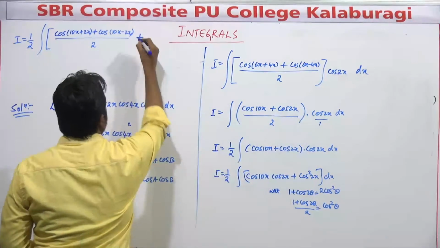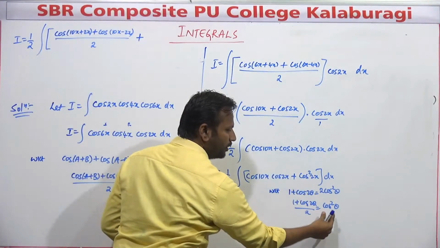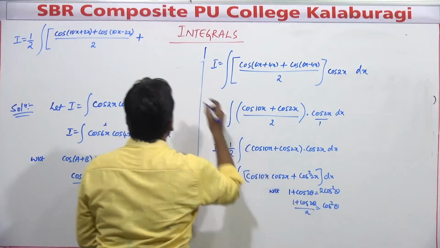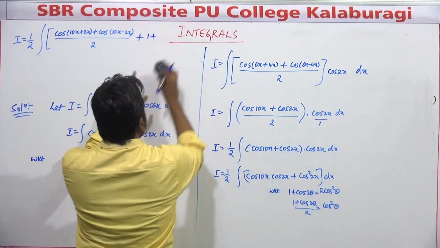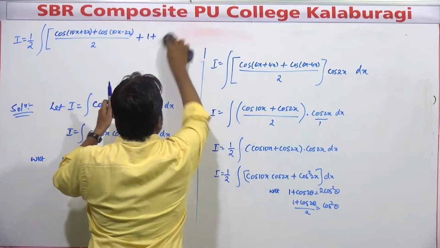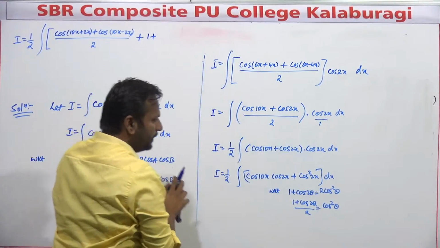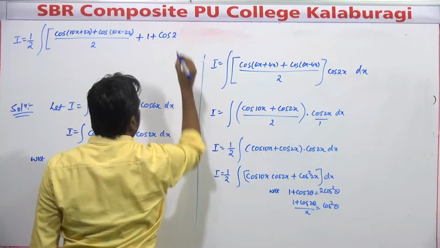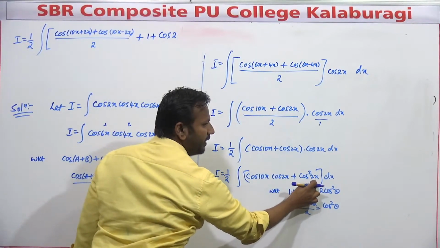So what is cos square theta now? Cos square theta I should apply in this way. 1 plus cos 2 theta. What is theta here? Instead of theta, what do we have?